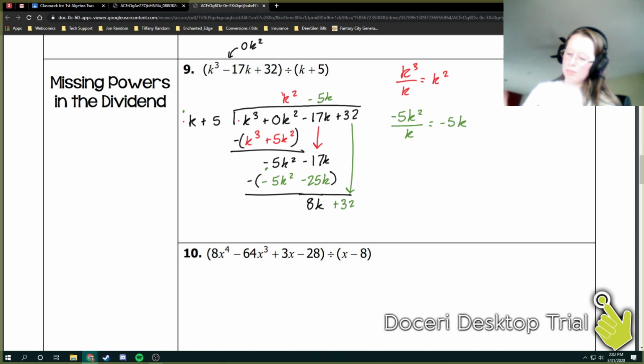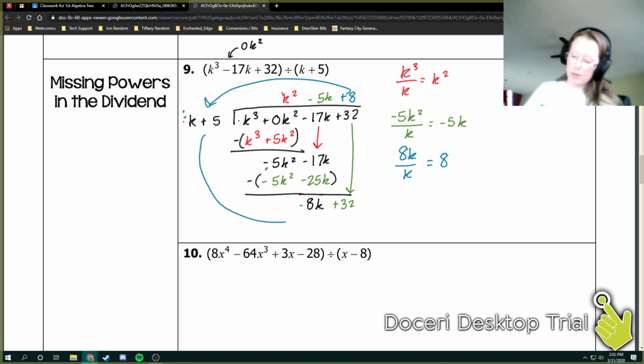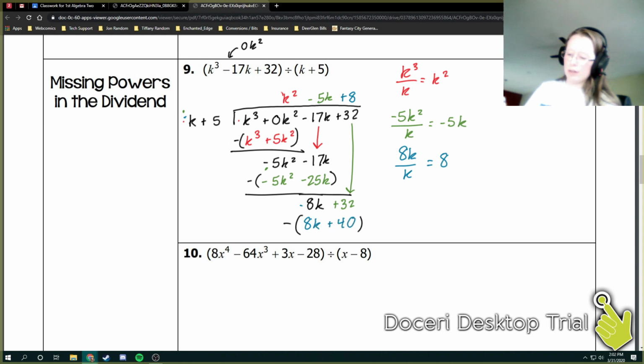And last time, first term divided by first term. 8k divided by k is just 8. One last multiply through, down here, will give us 8k plus 40. And last, subtracting. 32 minus 40, or 40 minus 32 would make your answer negative.